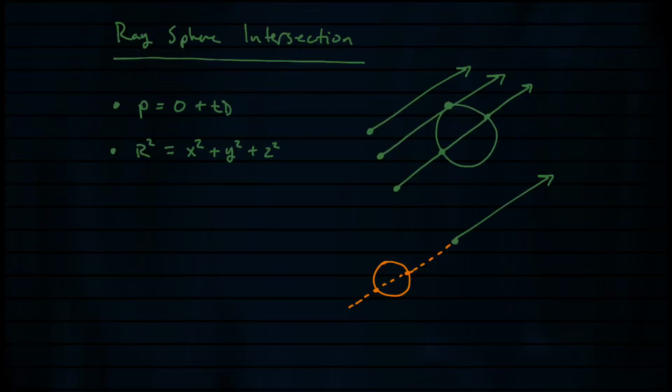In other words, if x squared plus y squared plus z squared equals r squared, then that represents the surface of the sphere.